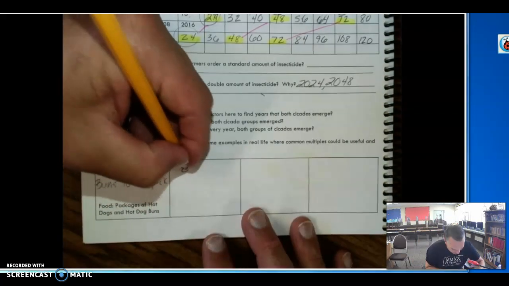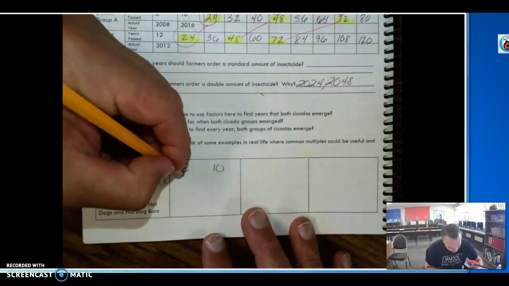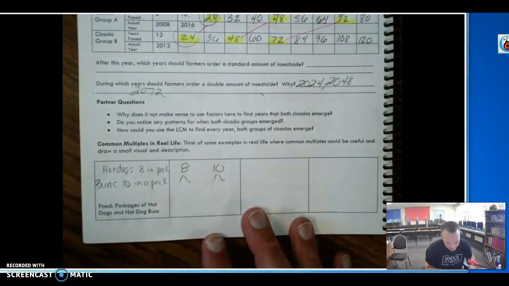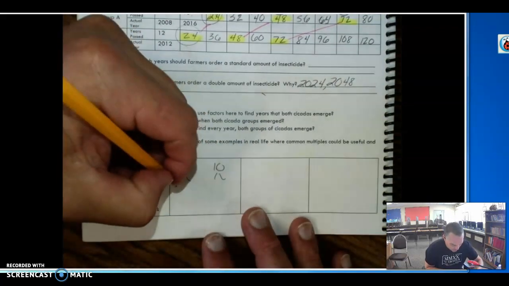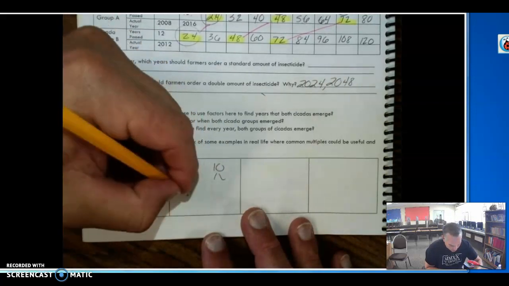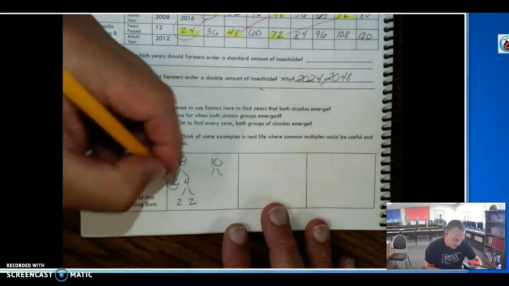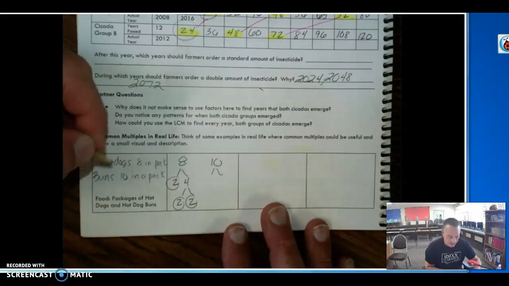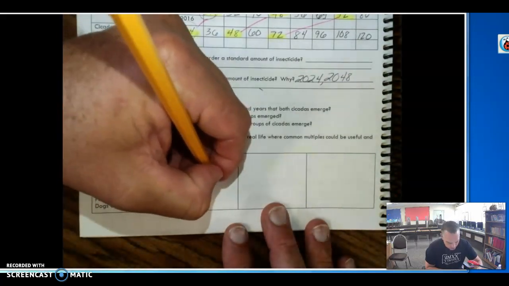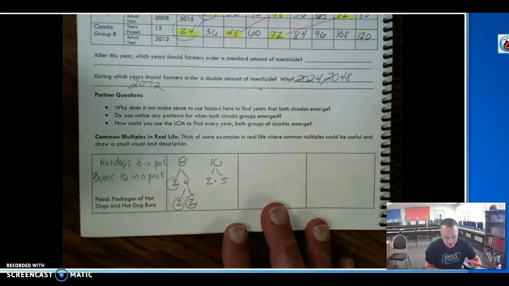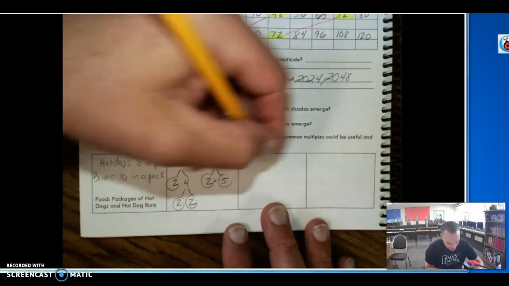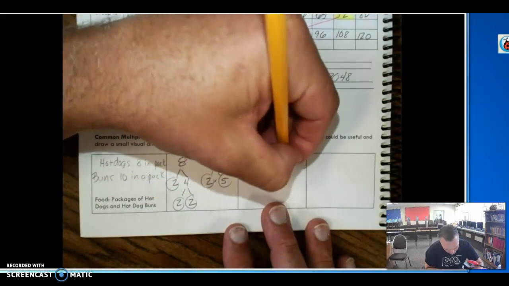We're going to write 8 and 10, and we're going to have this little thing come down. What times what is 8? Well, 2 times 4, and then 2 times 2. I'm going to circle the stuff they have in common. And for 10, it's just 2 times 5. I circle those. Now I'm going to write the numbers 8 and 10 here.